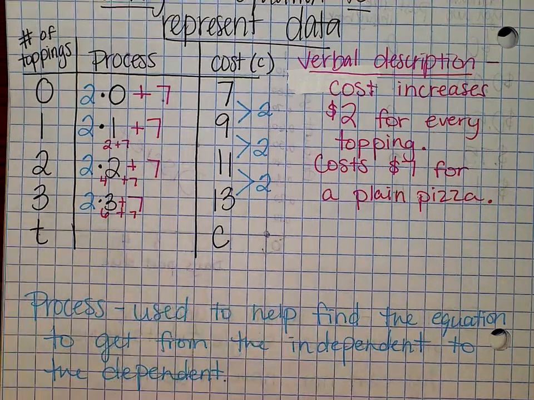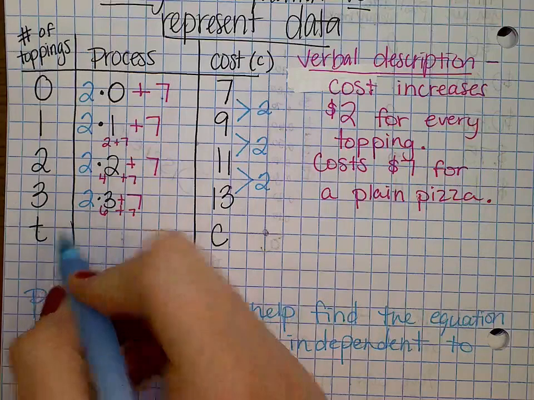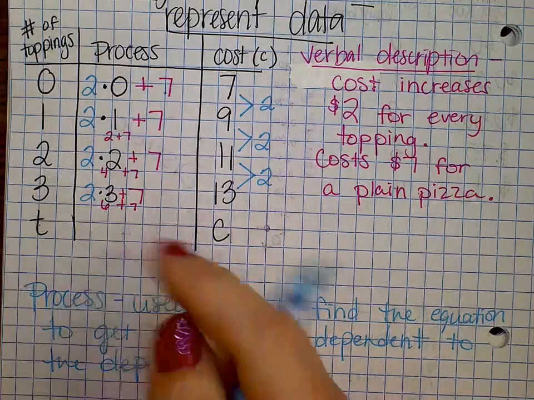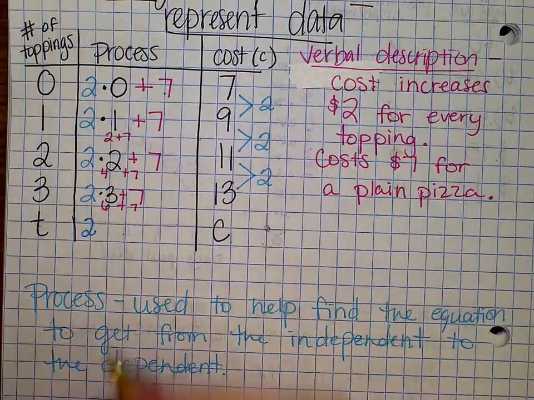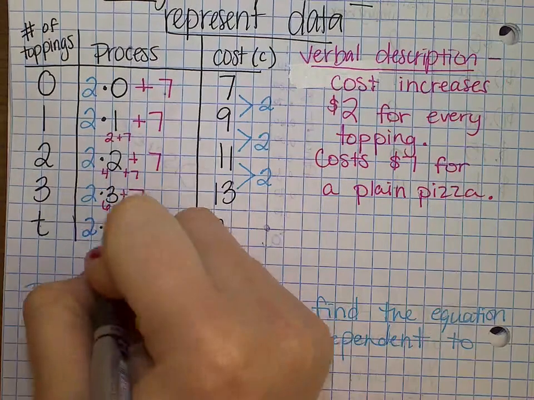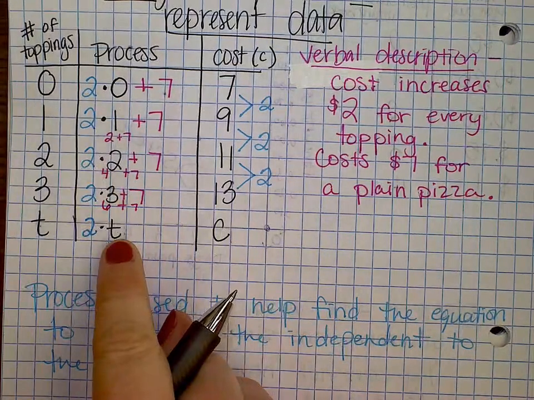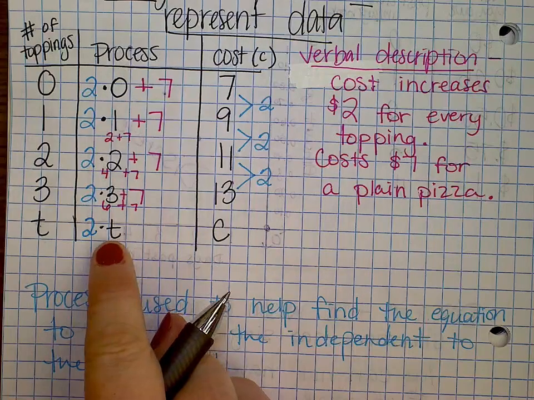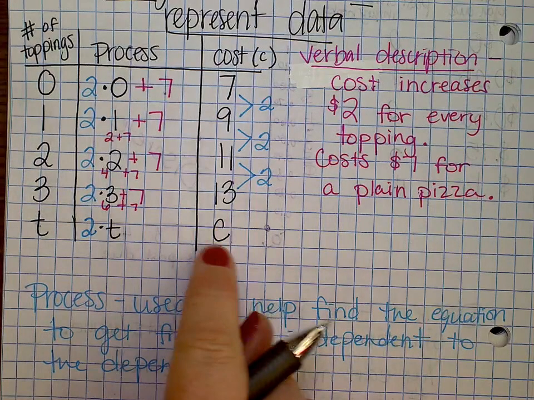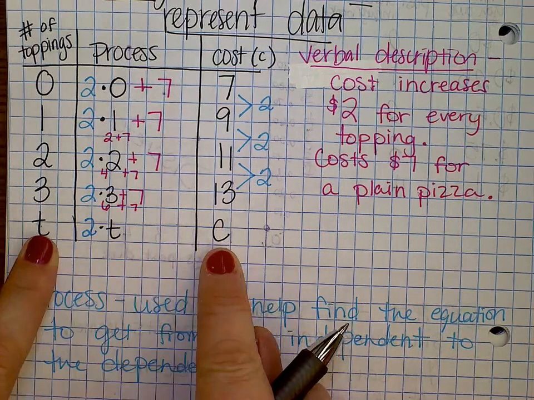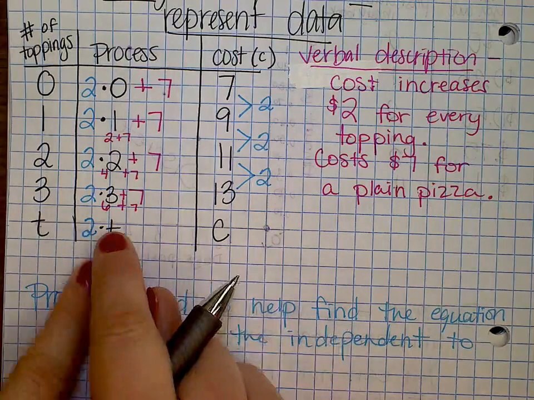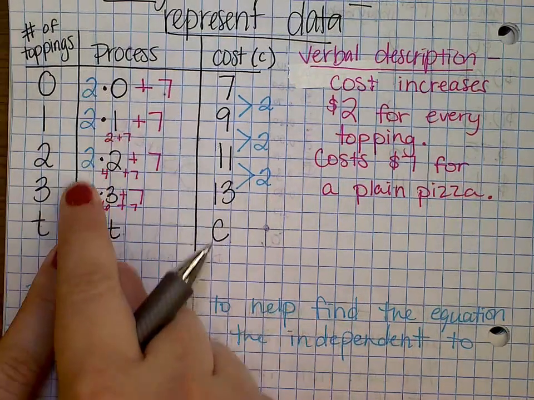So now, to write our equation to get from the independent to the dependent, you would say 2 times t, so 2 times any number of toppings. We don't have to know the number of toppings. We're just trying to figure out an equation that would get us from any number to the cost. So 2 times t, notice the 2 stayed the same.